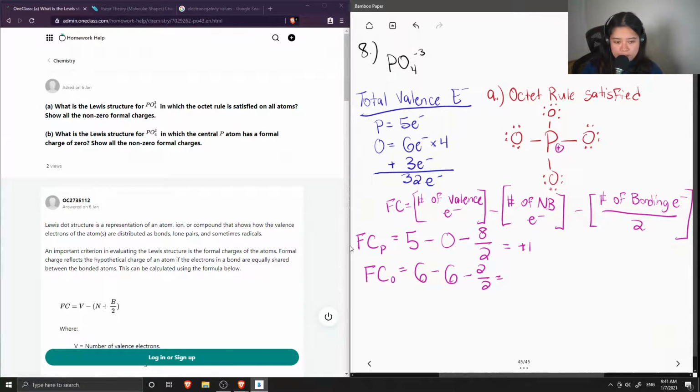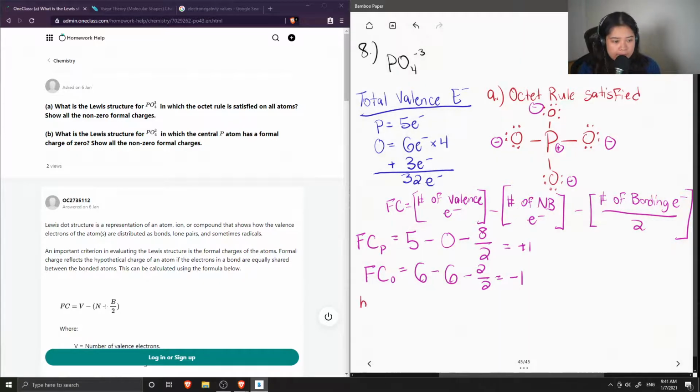So 6 minus 1 is -1. So all of the oxygens have a -1 charge. So this is the structure in which the octet rule is satisfied on all atoms.